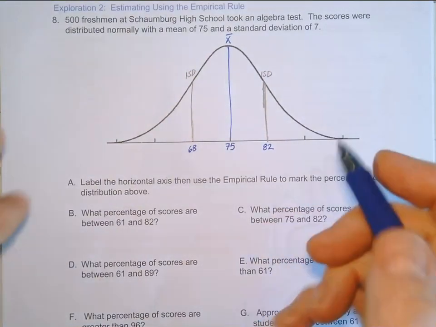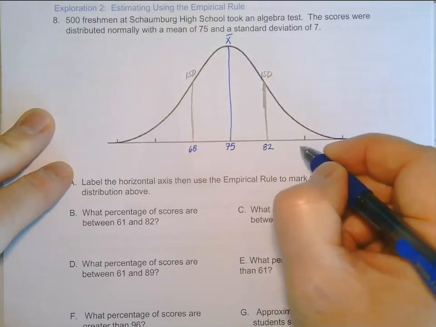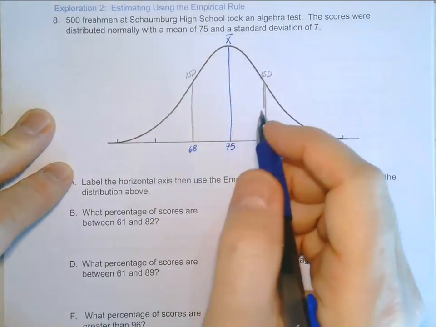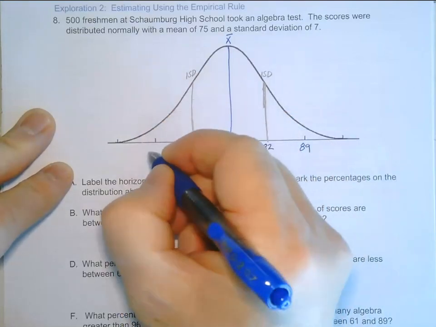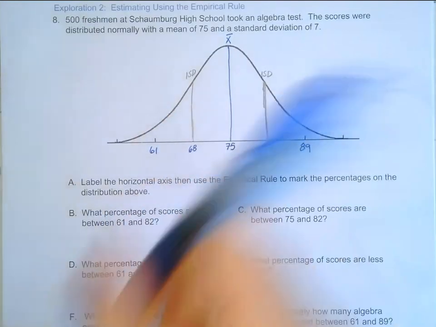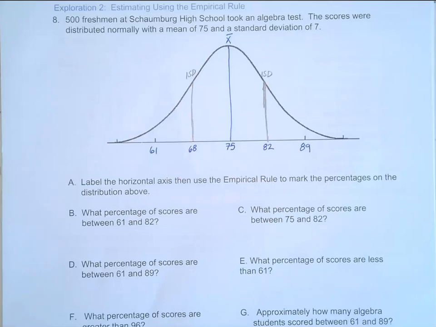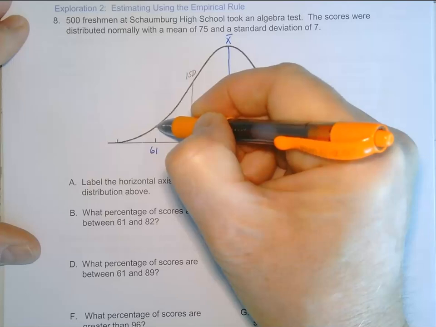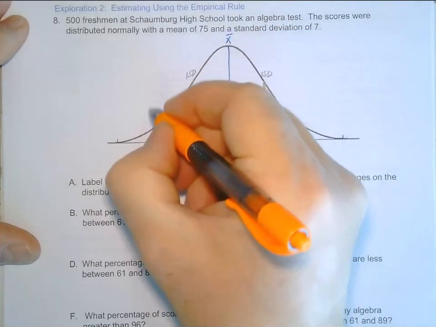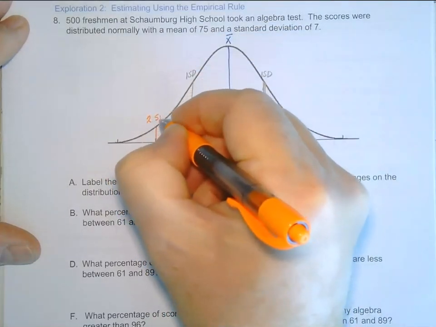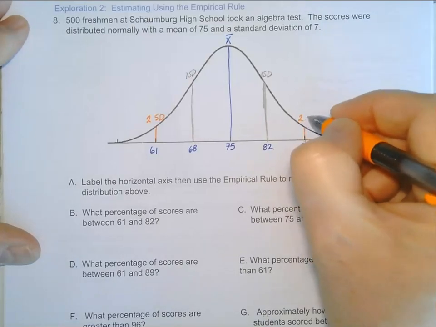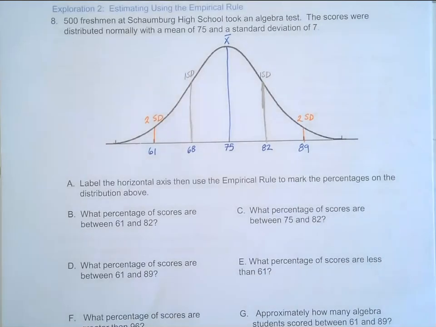And if I go out another 7, 82 plus 7 is 89, and 68 minus 7 is 61. This is going out 2 standard deviations.